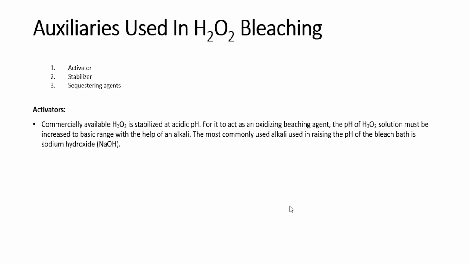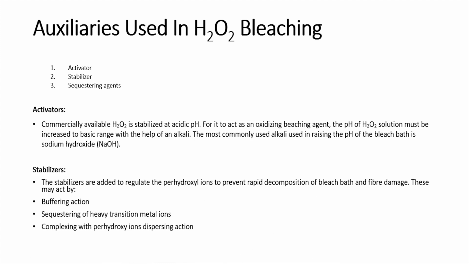It is more stable in acidic medium, and more rapid in alkaline medium. So you have to use some alkali to activate the hydrogen peroxide. Normally you have to keep the pH at 10.5 to 10.8, and for that purpose sodium hydroxide is normally used.